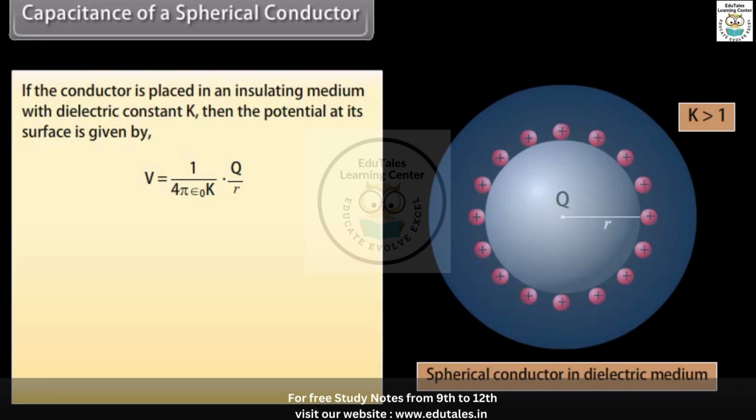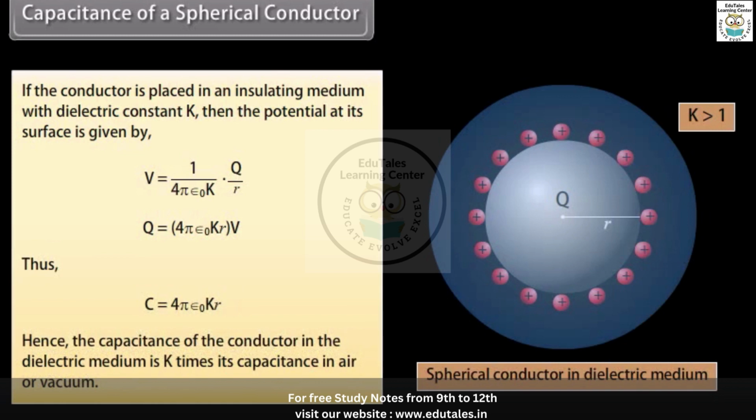It can also be written as Q is equal to the product of 4 pi epsilon naught K, r and V. Thus, C is equal to 4 pi epsilon naught Kr. Hence, the capacitance of the conductor in the dielectric medium is K times its capacitance in air or vacuum.